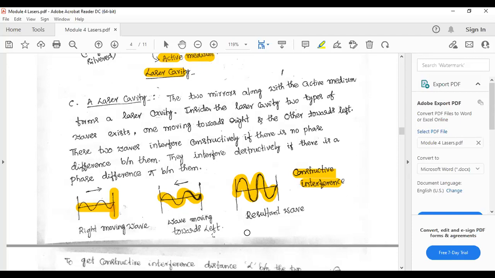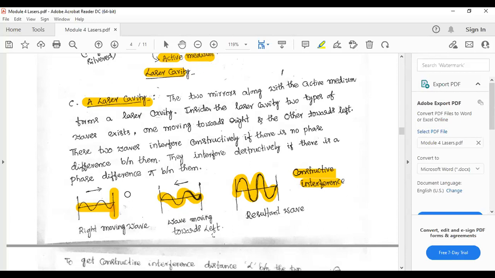I hope you remember the meaning of destructive interference. The crest of one light falling on the trough of the other makes the intensity go to 0. That should not happen. Keeping that in mind, we have to design this laser cavity. The length of the laser cavity should be chosen in that way.